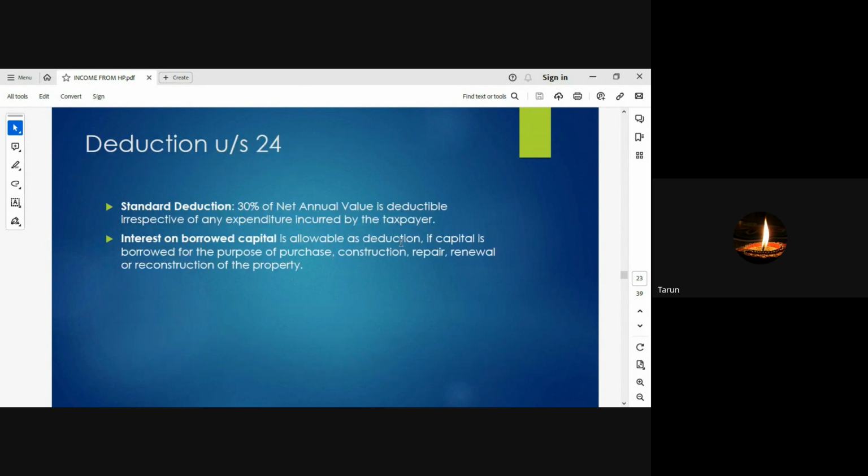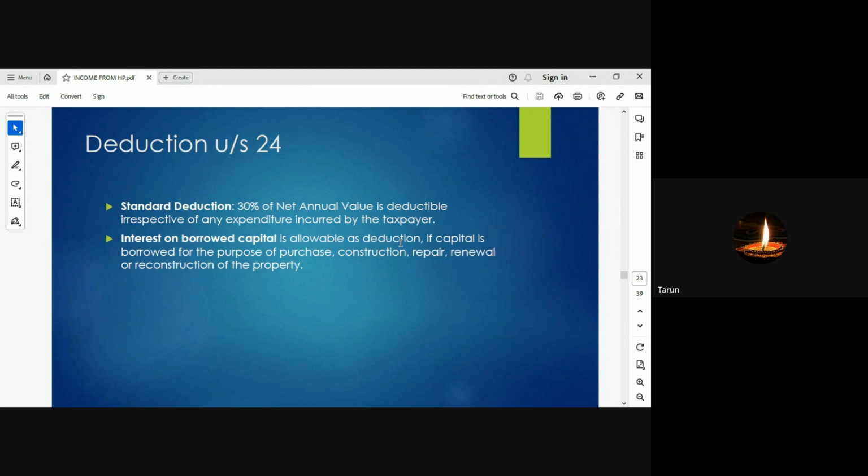Deductions under section 24: as I already told you, once you deduct the municipal taxes from the gross annual value, you will get the net annual value. And once you get the net annual value, you need to deduct the deductions under section 24. So these are the two deductions, and the first is the standard deduction. And what is the standard deduction? 30% of the net annual value is deductible as the standard deduction.